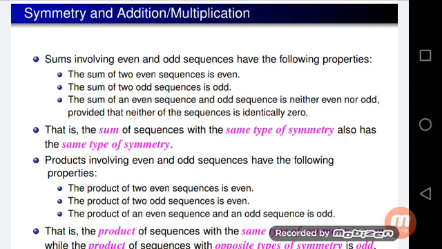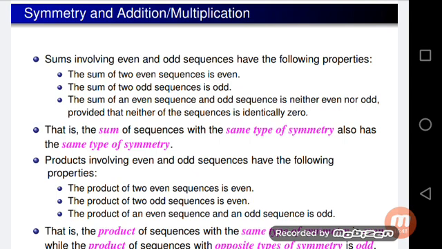Sum of two even sequences is even. That means 2 and 2, both are even functions, and the other, 2 plus 4, 4 is also even. Or 4 plus 4, 8. 4 is even, 8 is even.